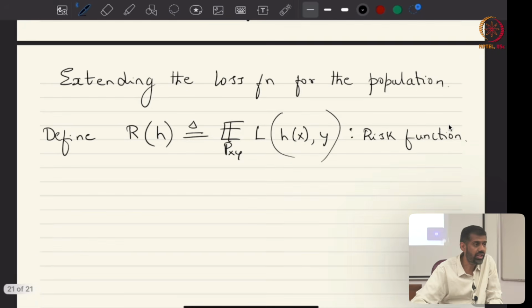Now we can define the primary problem of machine learning, which is the estimation goal problem.